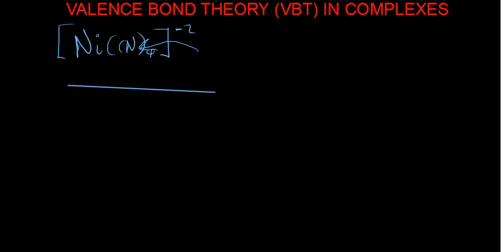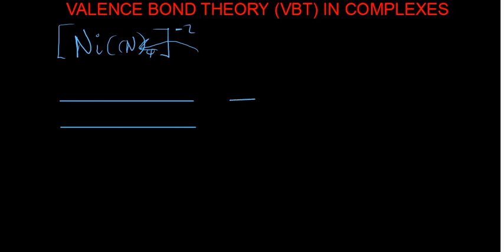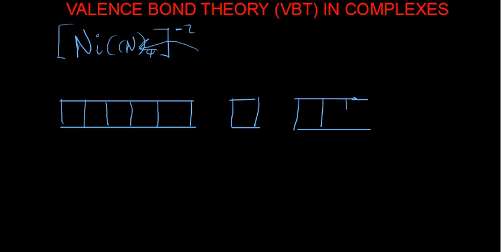We have firstly the 3d, then the 4s, and then the 4p. 3d has 5 sub-orbitals: 1, 2, 3, 4, and 5. So this is our 3d. We are talking of nickel 2 plus here.